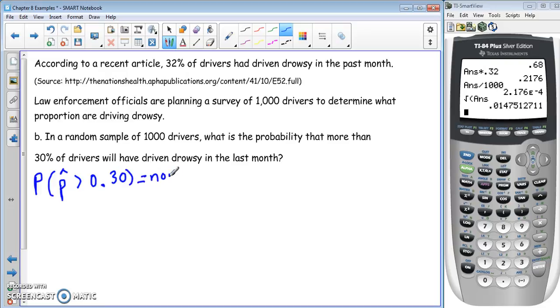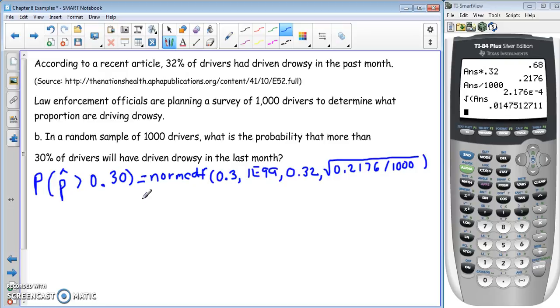Again, normal CDF: lower bound, upper bound, and then our mean, which was 0.32, and then our standard deviation, which was the square root of 0.2176 divided by 1,000. Use that whole thing, or at least 6 decimal places, to keep from getting a rounding problem. I'm going to type that in and see what we get.